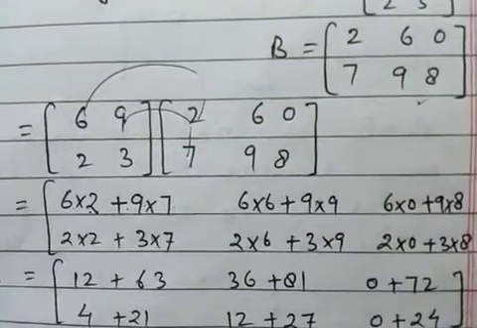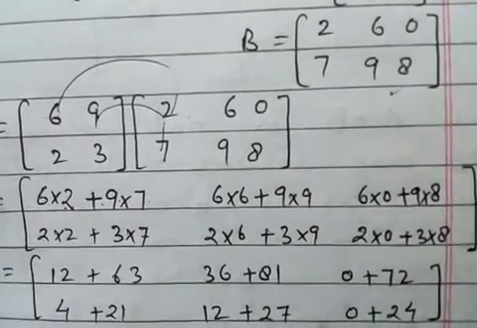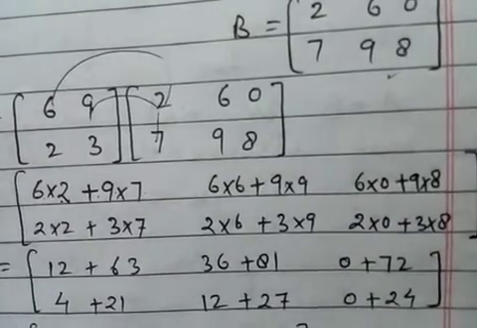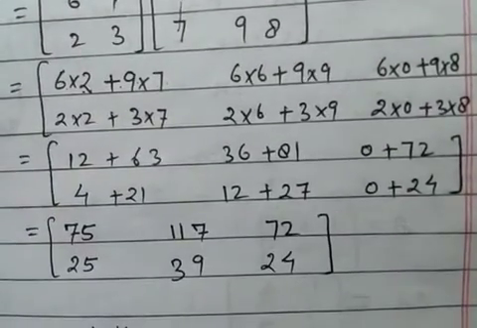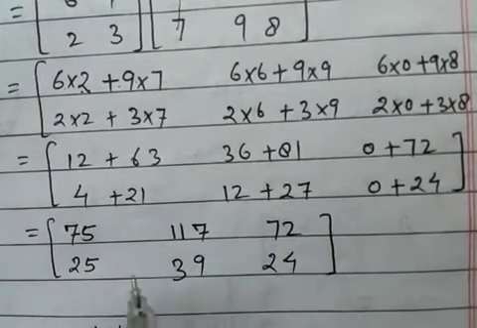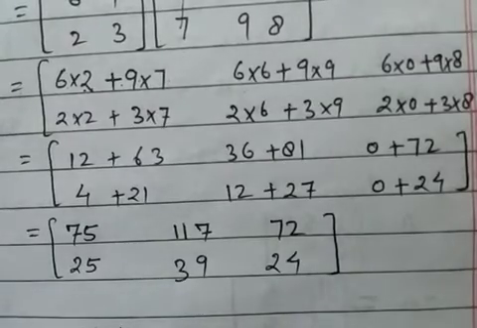Same here, the first row into the third column. Similarly, we can multiply row with column to find the multiplication of the matrices. AB is equal to the matrix 75, 117, 72, 25, 39, 24.